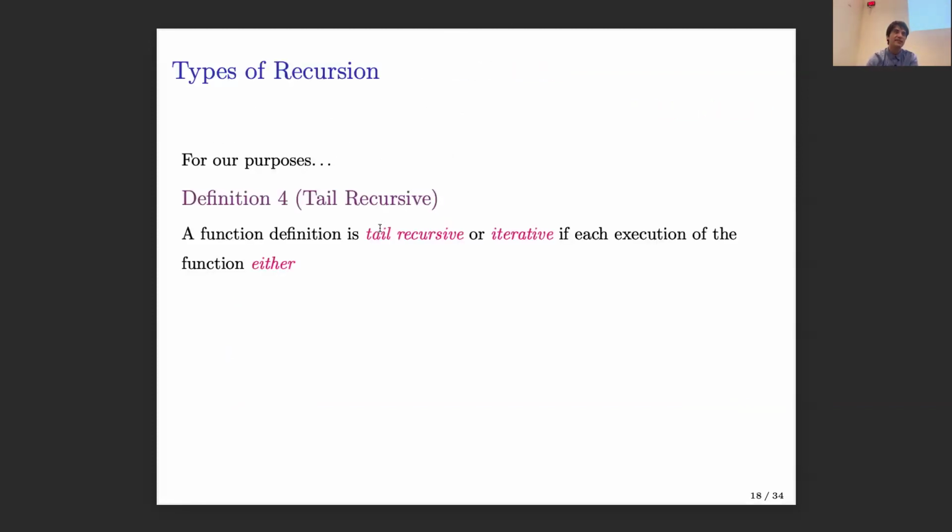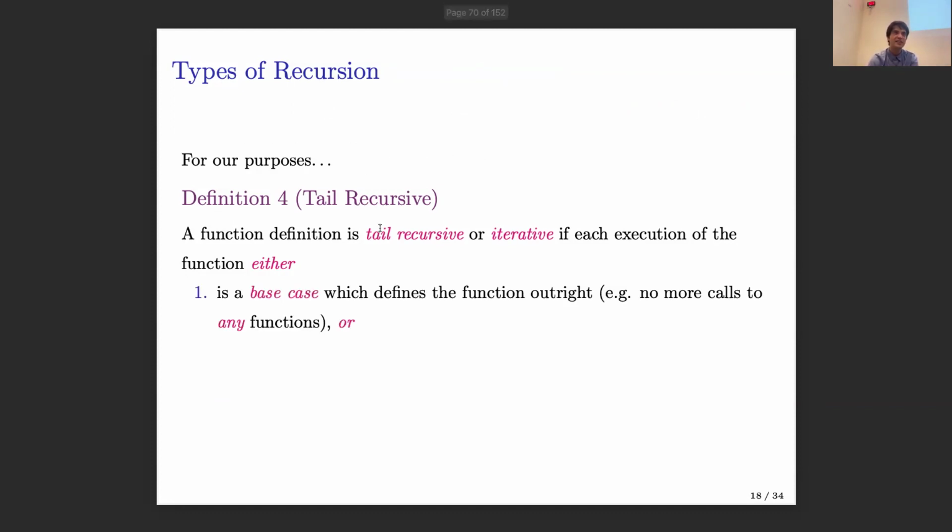For our purposes, this is what we're going to define tail recursion as. A function is tail recursive or iterative if each execution of the function either is the base case. You've stopped calling functions. You really shouldn't be doing even arithmetic at this point, but we'll discuss this later. Really, it should just be a base case.